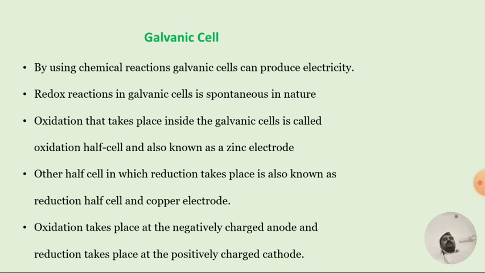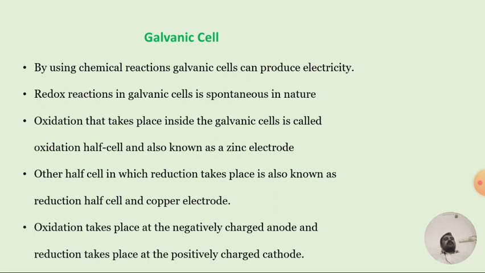If it is non-spontaneous, there will be a need for activation energy. If the proper setup is there, oxidation will take place in the proper metal and reduction will take place in the suitable metal, so there is no need to give any extra energy.